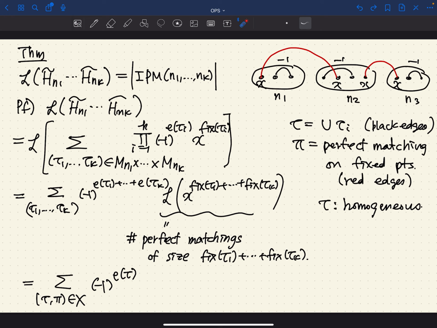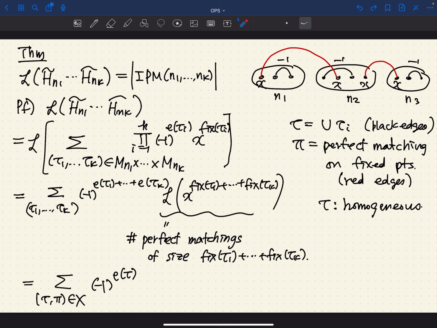And then our goal is to cancel things with minus signs. But how can we do that? The idea is quite simple. If you change the color, then it will change the sign, because only a black edge has a minus sign, and red has plus.